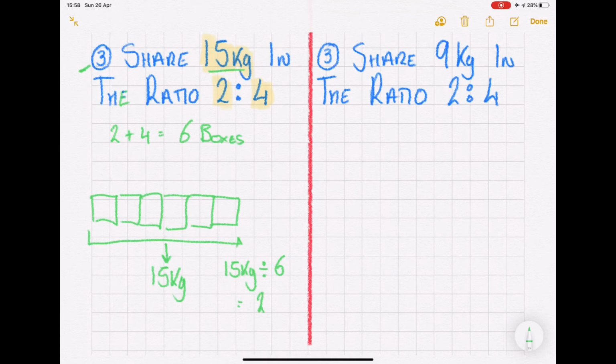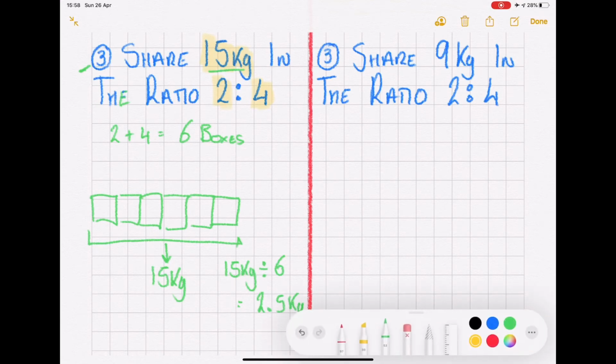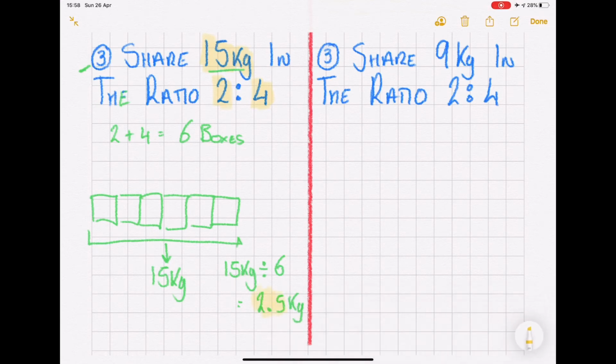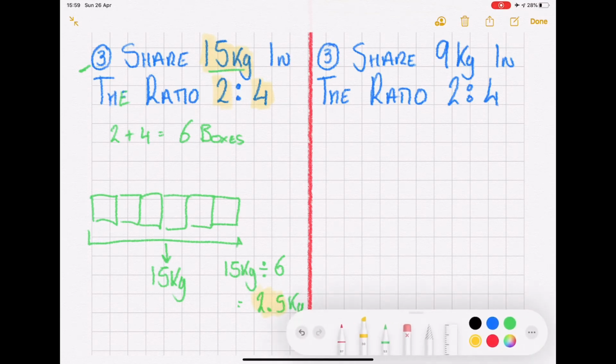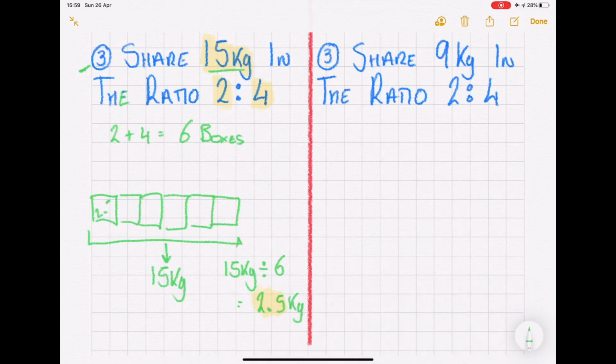And that gives us 2.5 kilograms in each box. Now the reason I wanted to show you this example is because I wanted to make you aware that you might have a decimal in your boxes, and that's perfectly okay. We can just carry on as normal. So we're going to put 2.5 in each of our boxes.